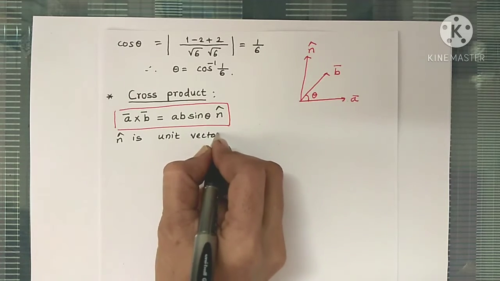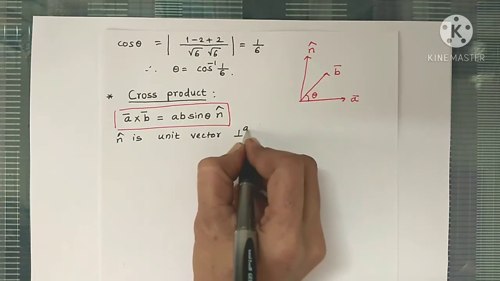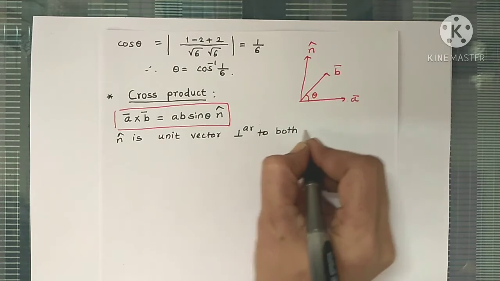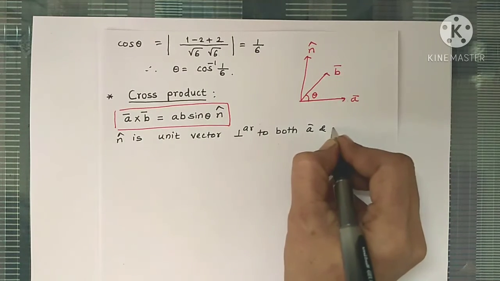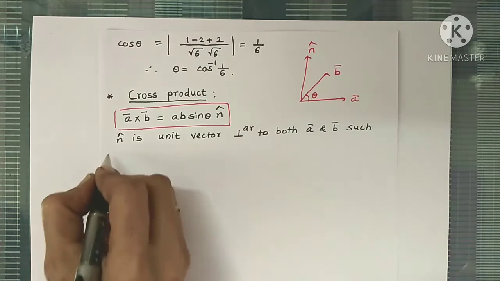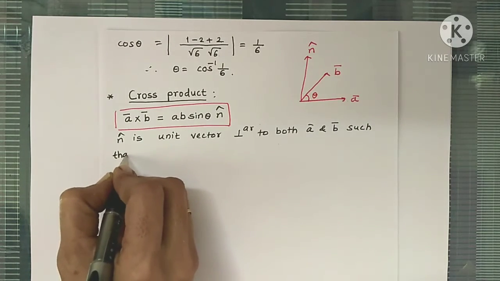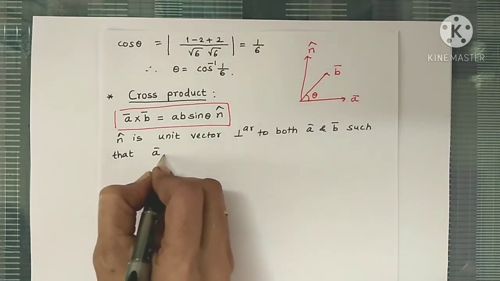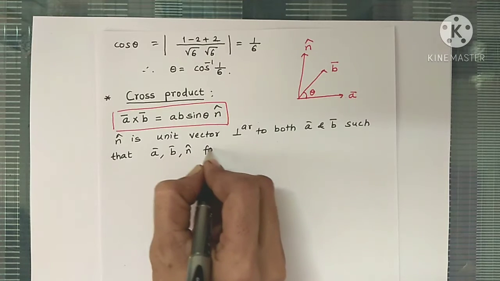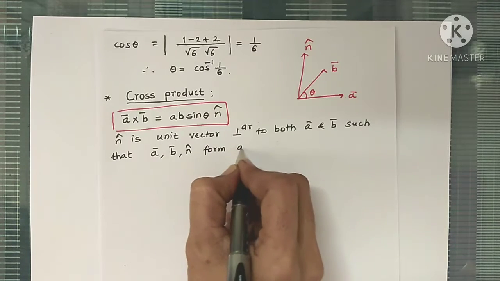So n cap is a unit vector perpendicular to both a bar and b bar, such that a bar, b bar, n cap form a right-handed triplet.